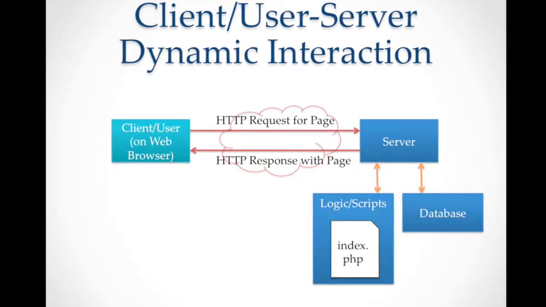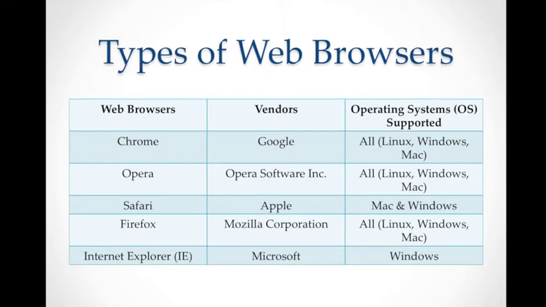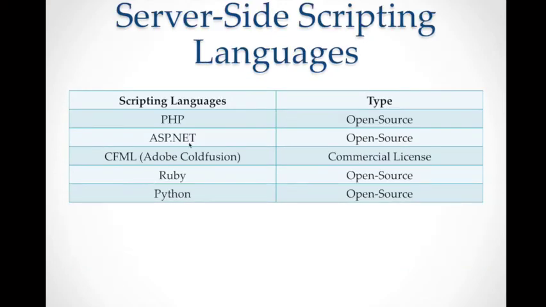We also talked about the dynamic interaction, because it utilizes the power of a programming language to provide the logic to interact with databases and to provide any other sort of HTTP response through a programming perspective.